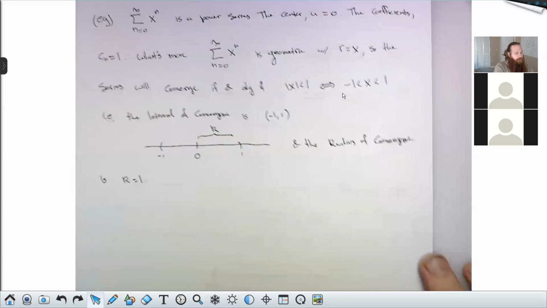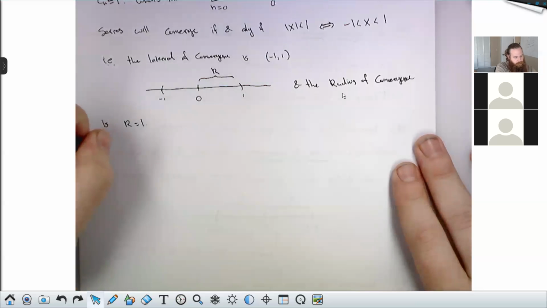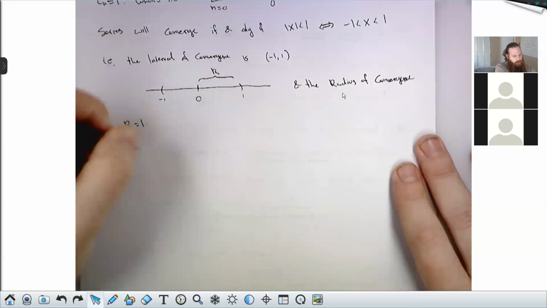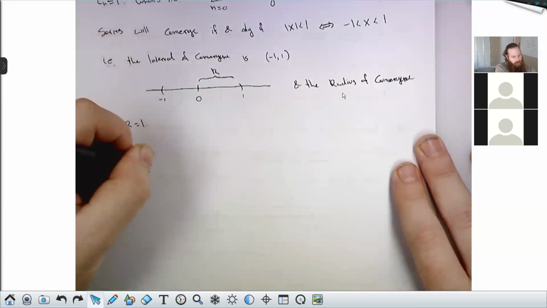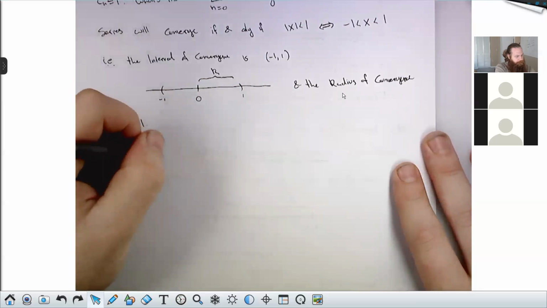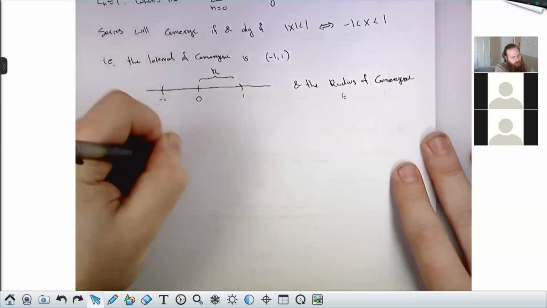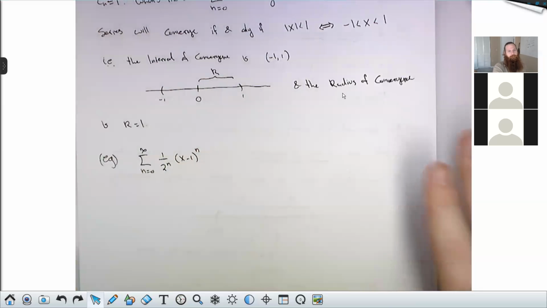Another example of a power series, let's say, 1 over 2 to the n times (x minus 1) to the n.